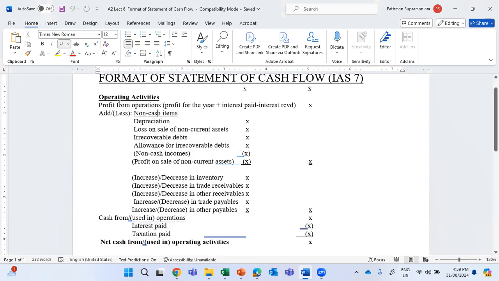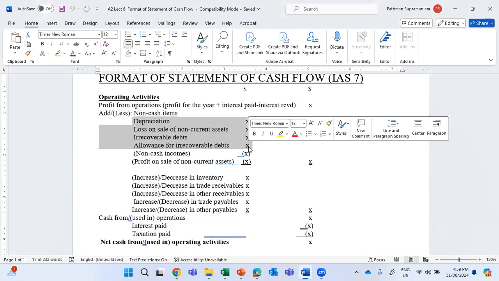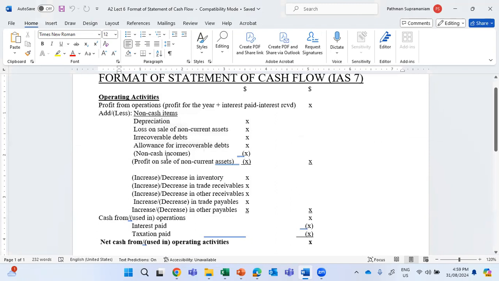So we start with profit from operation, and then we add or less non-cash items. If it's a non-cash expense, we have to add. Why? Because when preparing the SOPL, we deducted non-cash expenses. So now to remove it, we undo the deduction, so we add. Likewise, any non-cash income that we added earlier, we have to deduct.